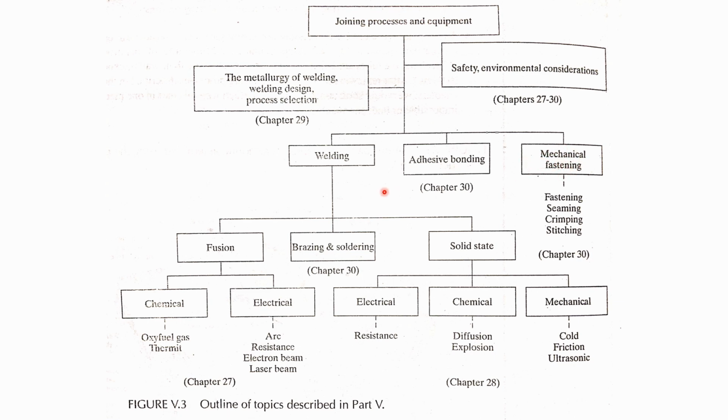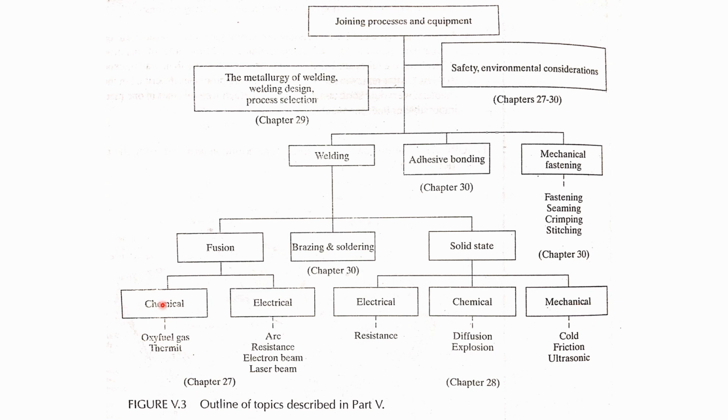In welding, the classification is fusion welding, brazing and soldering, and solid state welding. In mechanical fastening, seaming, crimping, stitching. Under fusion welding, you can see chemical and electrical, and in solid state, electrical, chemical, and mechanical.